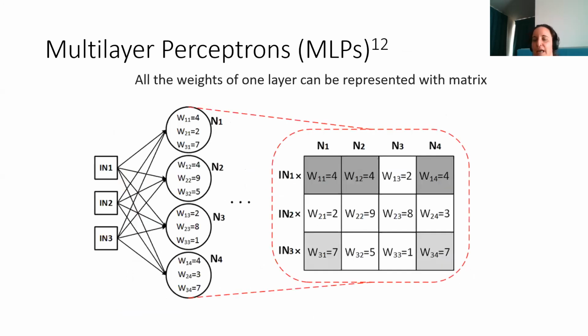As we saw, every perceptron gets a vector of weights, which is equal to the number of the inputs. You have one weight for each input, and then you have a set of perceptrons, so you can describe all the weights in the form of a matrix.